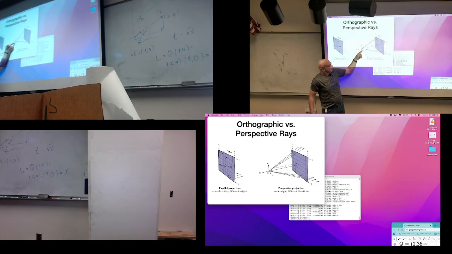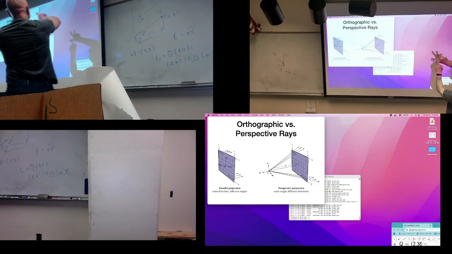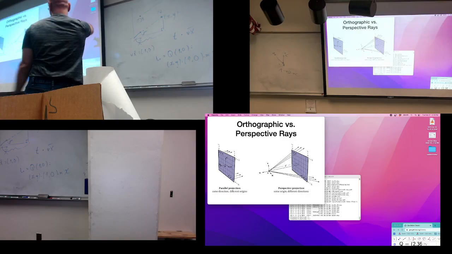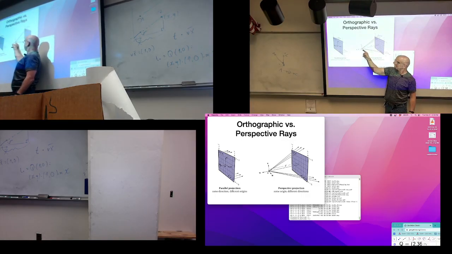Now, u, v, w. What is w right here? It's going in the opposite direction. Why? Because what did we say about x, y, z? The same x, y, z that we all know and love, right hand. U, v: right, up.